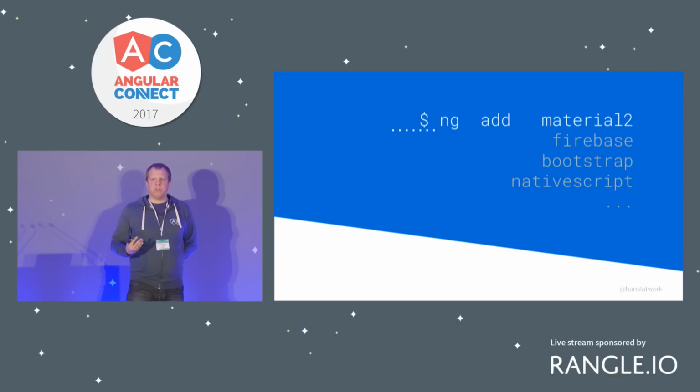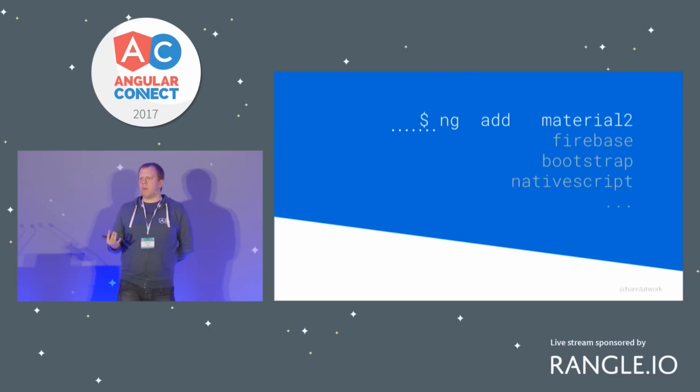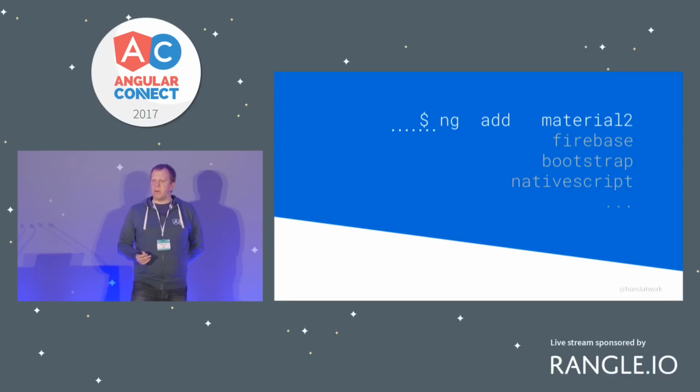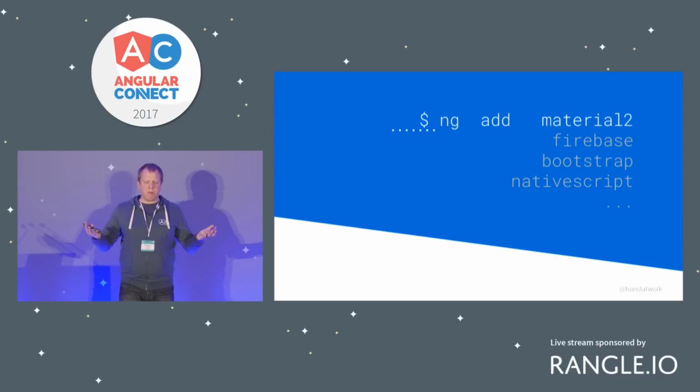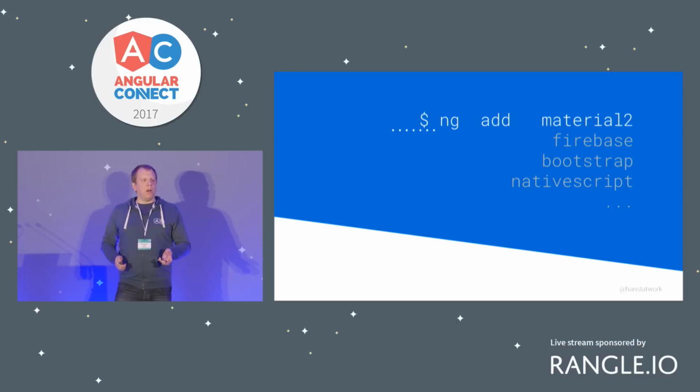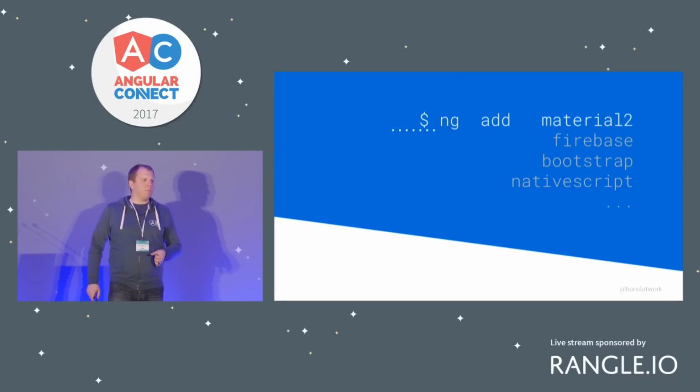You don't necessarily know, and you don't necessarily want to read millions of tutorials on how to configure Firebase or install NativeScript on your app and create a bunch of files and all the dependencies and the imports and your ng modules. So you could use ng add nativescript for that particular workflow. And we will work with these third parties to make sure that these are compatible with the CLI applications as they are today.